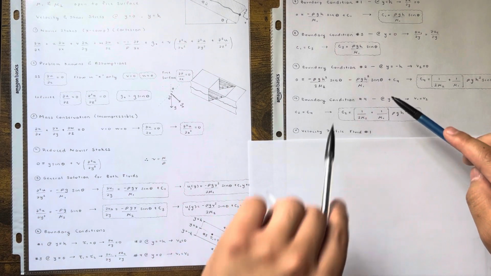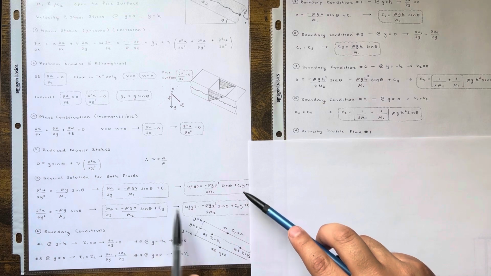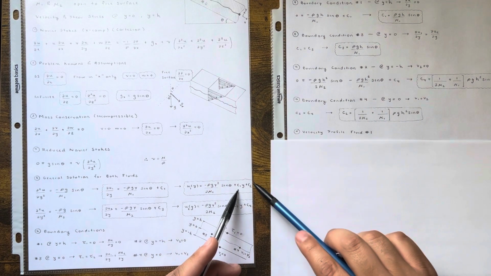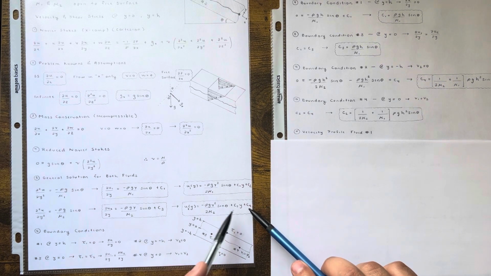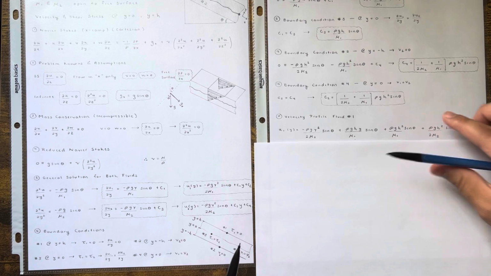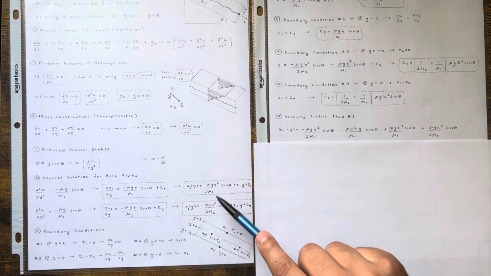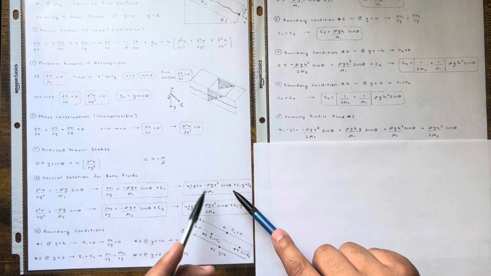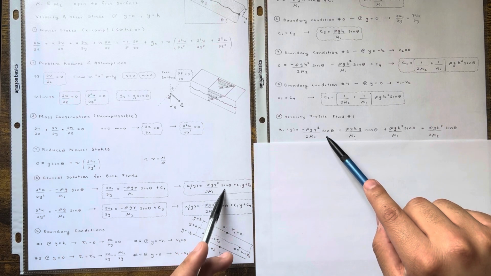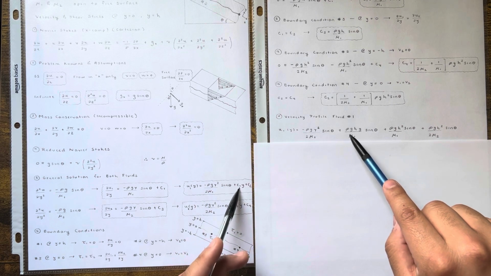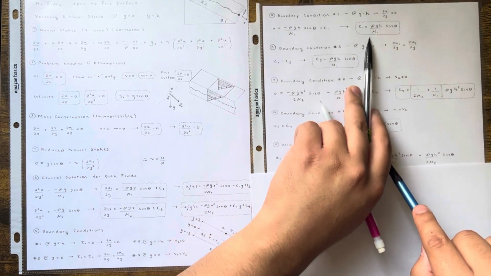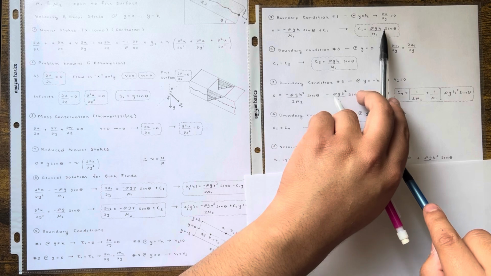Now that I have all four constants, C1, C2, C3, C4, I could just plug them in: C1, C2 up here, and C3, C4 down here, and I'll get both velocity profiles. For velocity profile number 1, I'm going to use this one. It's just negative rho g y squared over 2 mu 1 sine theta, plus C1 y, so C1's over here, rho g h sine theta over mu 1 multiplied by y.